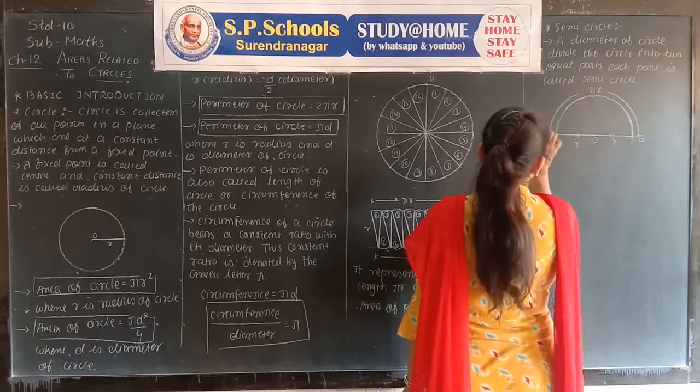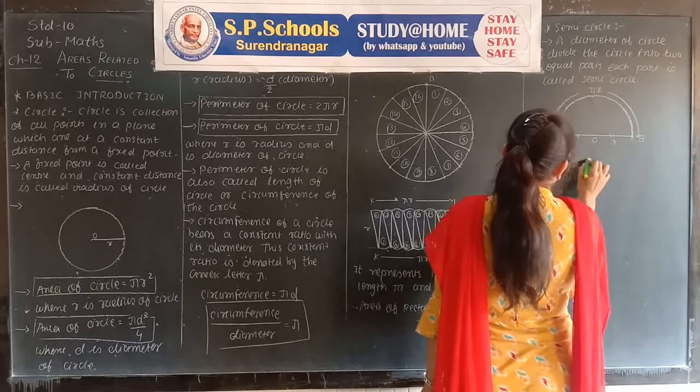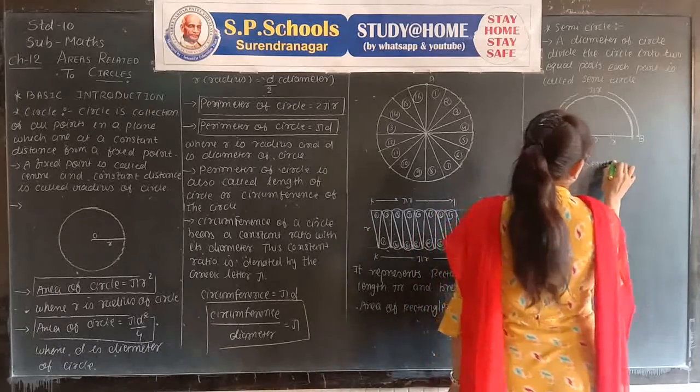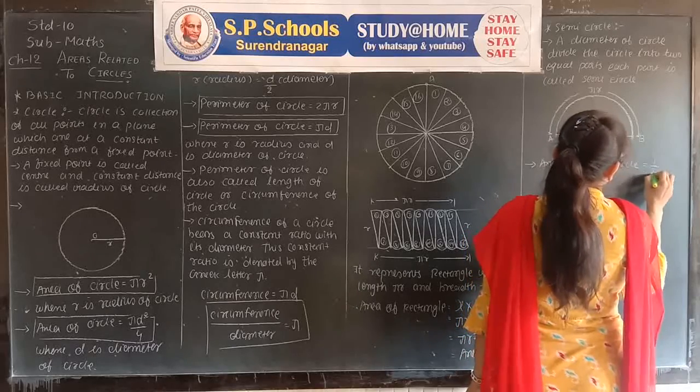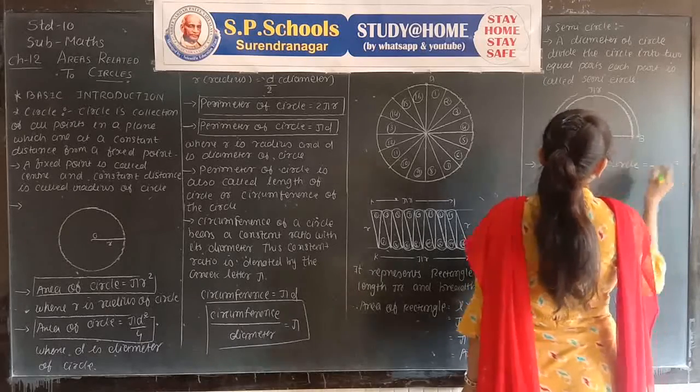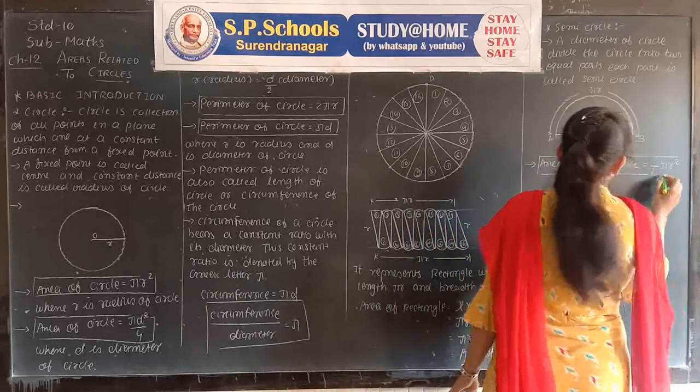First, write the area of a semicircle. Area of semicircle is equal to 1/2 pi r square, where r is the radius of the circle.